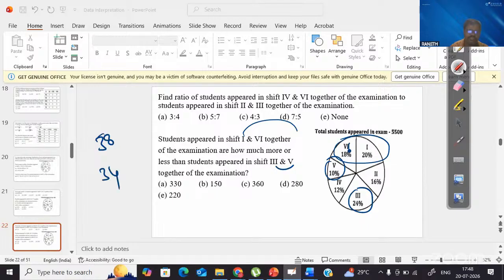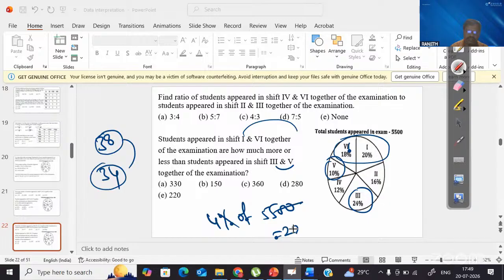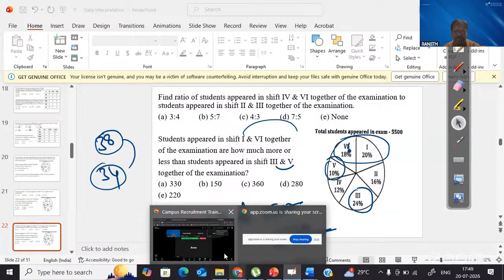So 38 percentage is more than 34 percentage, where the difference is equal to 4 percentage. 4% of 5,500, the zeros are cancelled, 220. So the difference in the number of students appeared will be equal to 220.